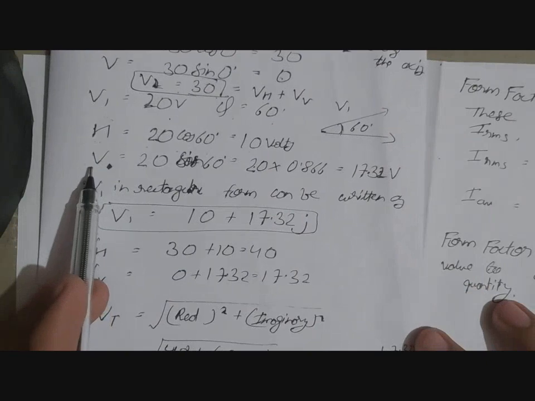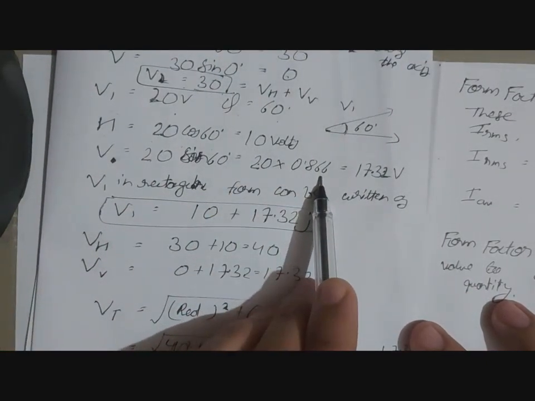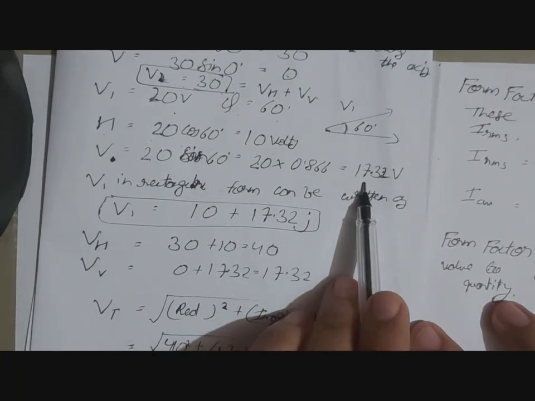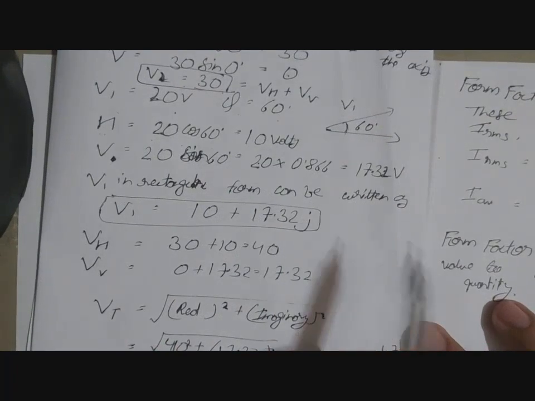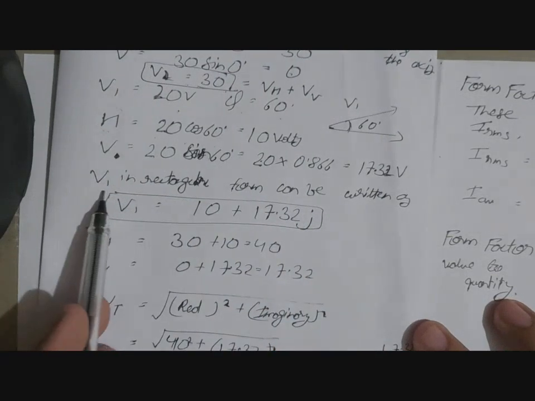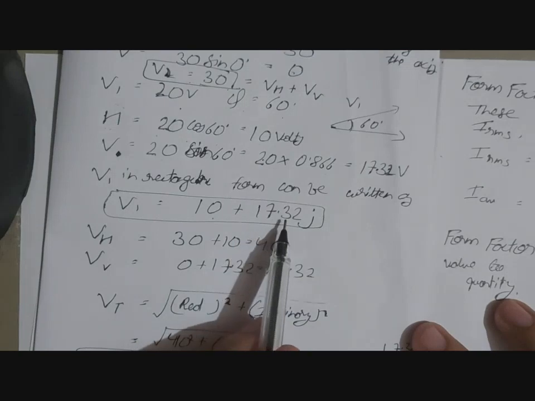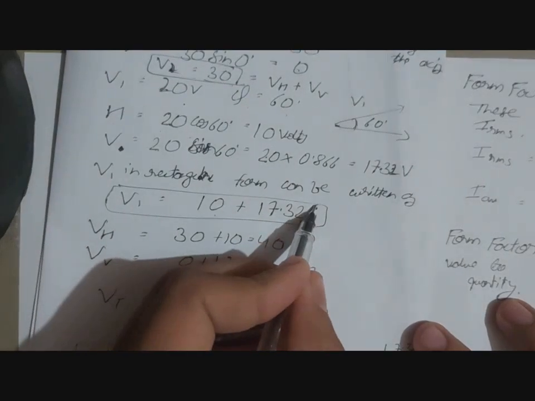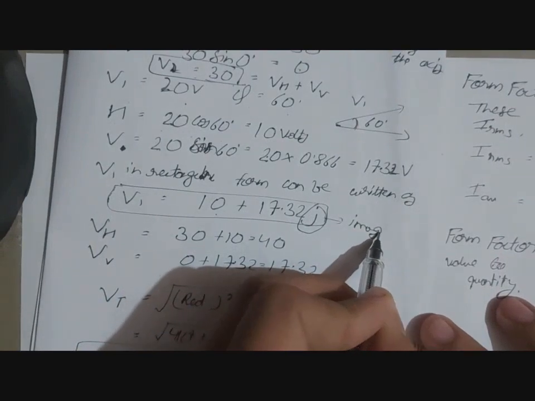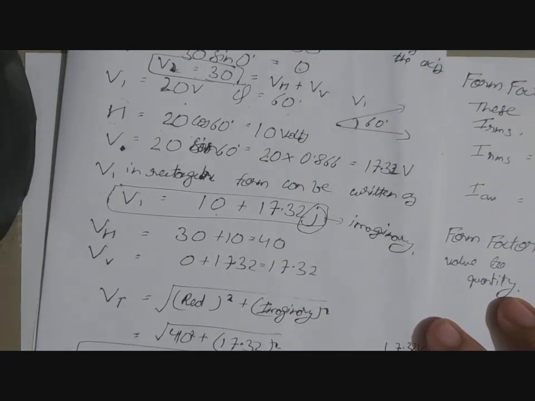The vertical component is equal to 20 sin 60 degree, which is 20 into 0.866, since sin 60 degree is root 3 by 2, which is 0.866, and 17.32 is our answer. So V1 in rectangular form can be written as V1 is equal to 10 plus 17.32j, where j denotes the imaginary axis.